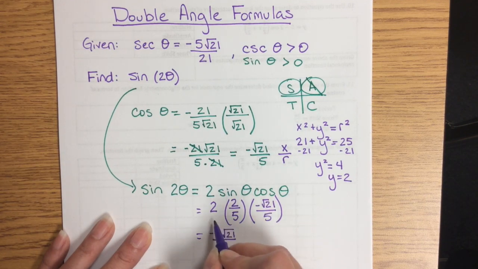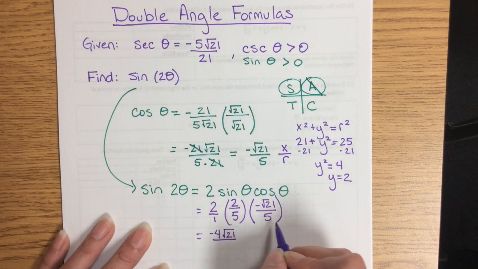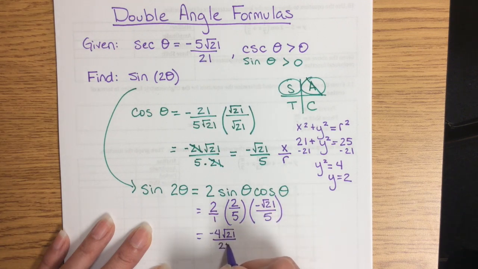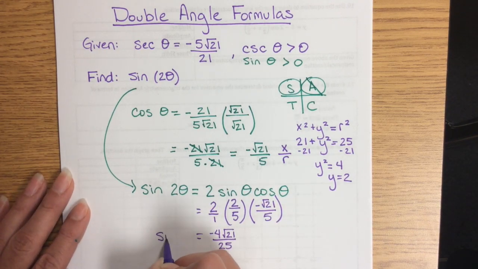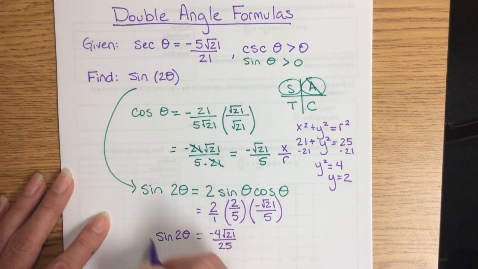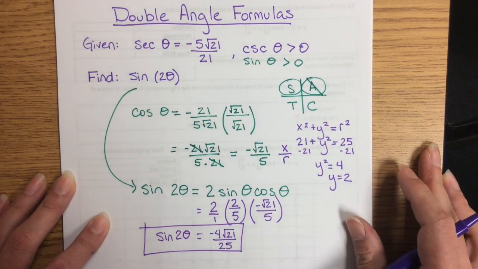And on the denominator, this is a 1 if you need to see it, which 1 times anything is itself. So we end up with just 5 times 5, which is 25. If we could reduce the 4 and the 25, we would want to, but we can't. So we could say that sine of 2 theta is equal to negative 4 square roots of 21 over 25.